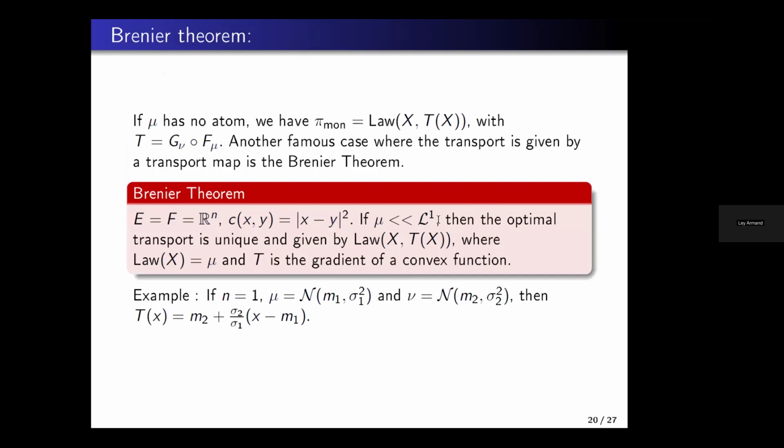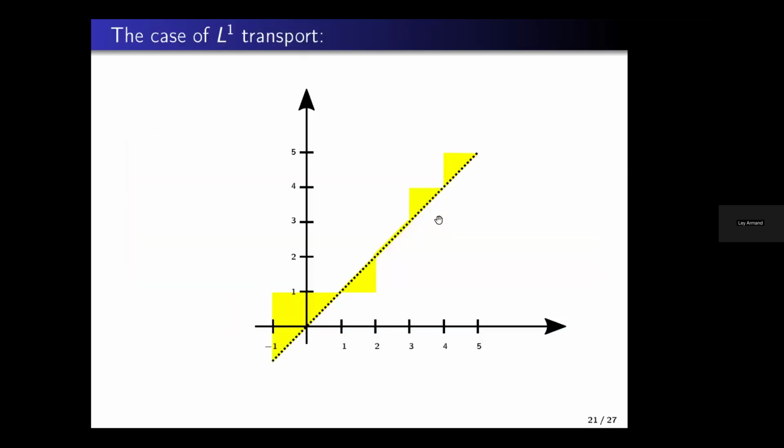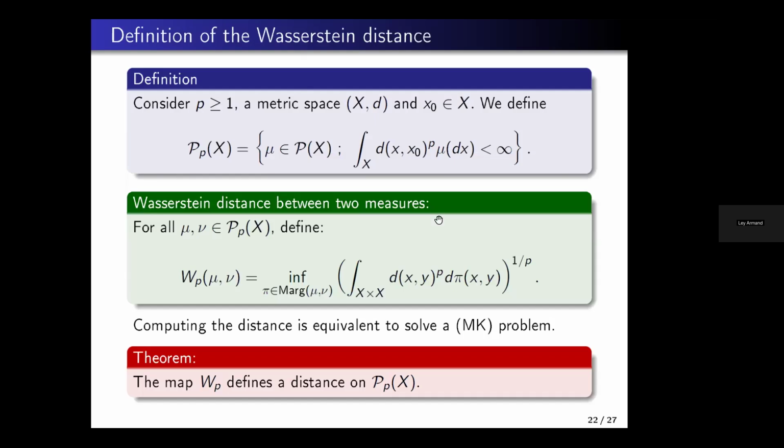In particular, when your measure is nice enough, meaning it is absolutely continuous with respect to the Lebesgue measure, your transport plan is given by a transport map. And in some cases, like with normal laws, you can explicitly compute the solution and so on. Okay, I have to be a little bit quicker because I want to speak about Wasserstein distances. So I will not talk about that.